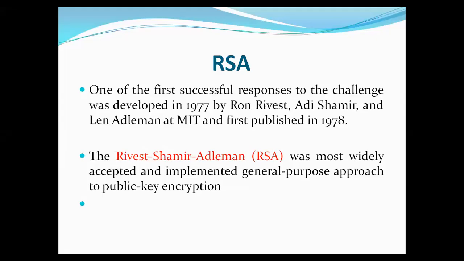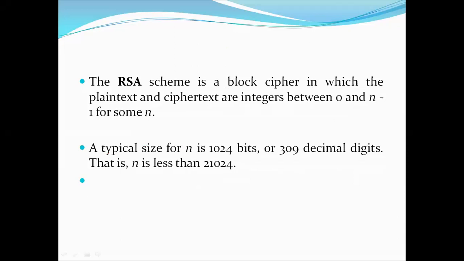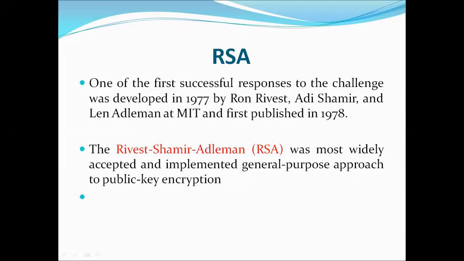So in this video, I'm going to explain the RSA algorithm, which is one of the important algorithms in cryptography. This is one of the first successful responses to the challenges, which was developed in 1977 by Ron Rivest, Adi Shamir, and Len Adleman at MIT, and first published in 1978.